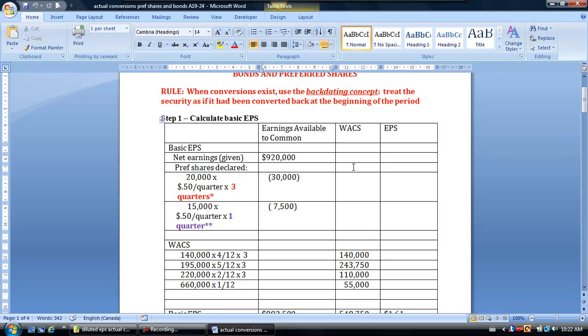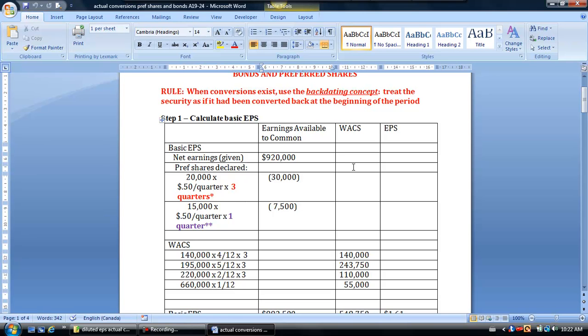Now, don't forget here, it said that these preferred shares, the dividend was payable quarterly, and from what we can see, those dividends had been paid on a regular basis. So therefore, it said in one of the paragraphs that the preferred dividend was payable quarterly, and that 5,000 of the 20,000 outstanding preferred shares converted after the dividend was paid on September the 30th.